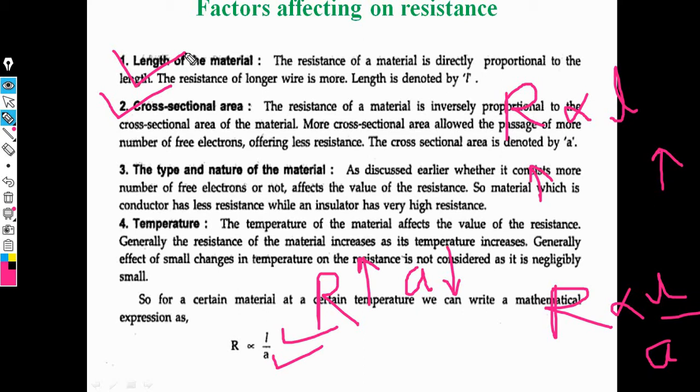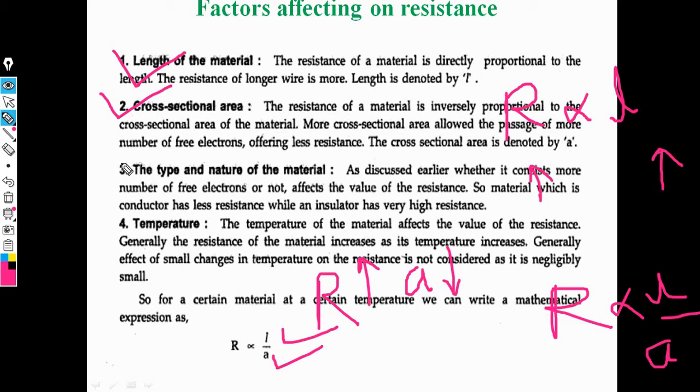That is, the insulation resistance is very high, but conductor resistance is very low. This is the third parameter: type and nature of the material.